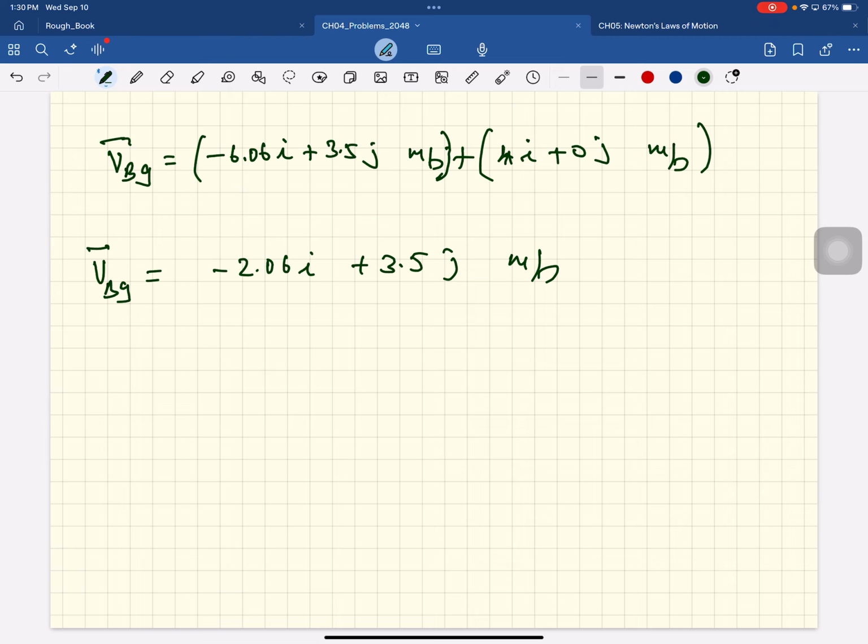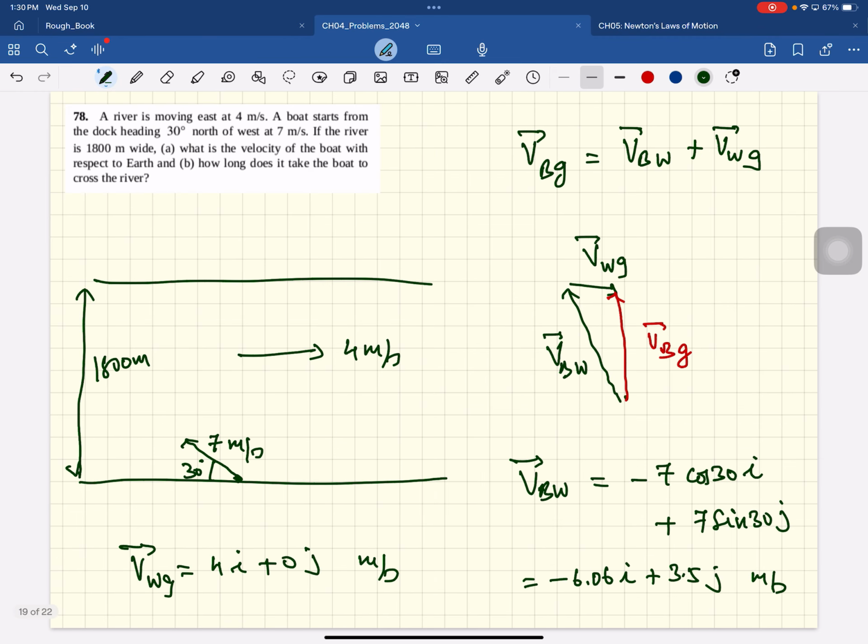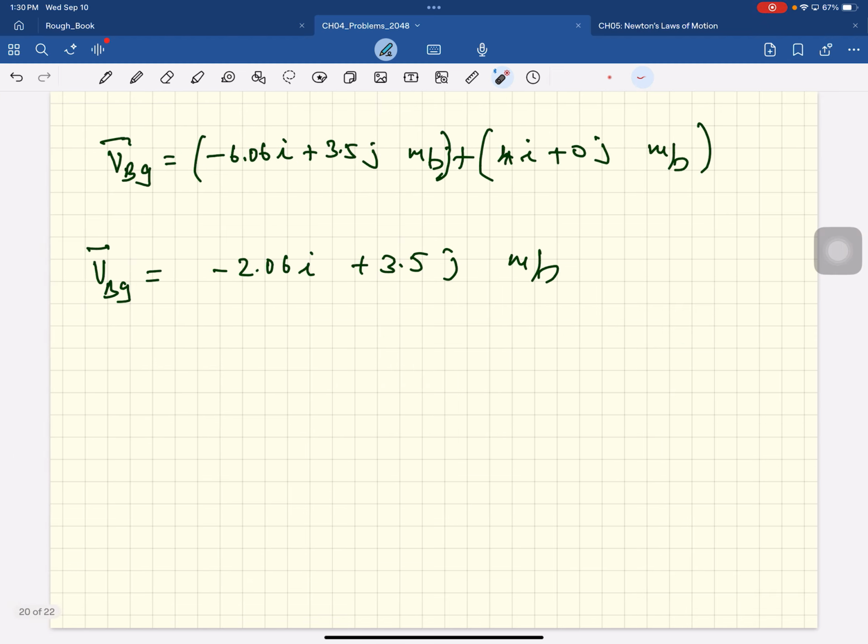All right, so this is the x direction, there's the y direction. You want to cross the river, you want to travel in the y direction. So y minus y naught equals v naught y t plus 1/2 a y t squared.